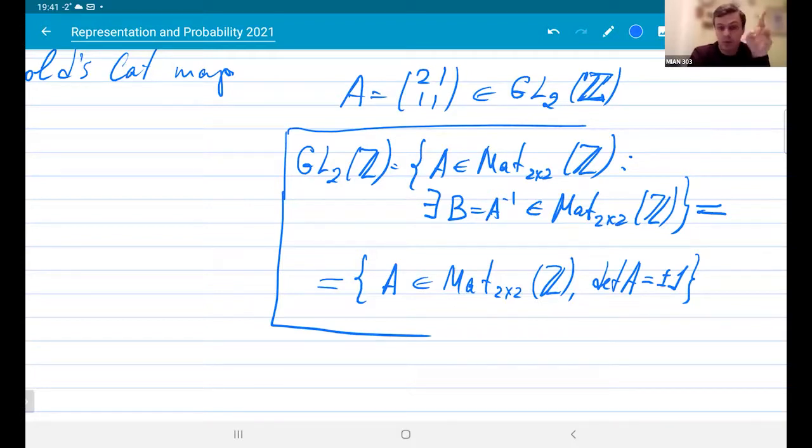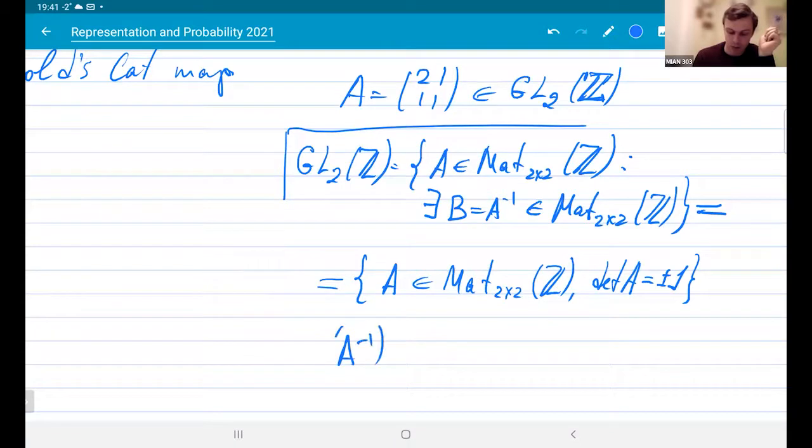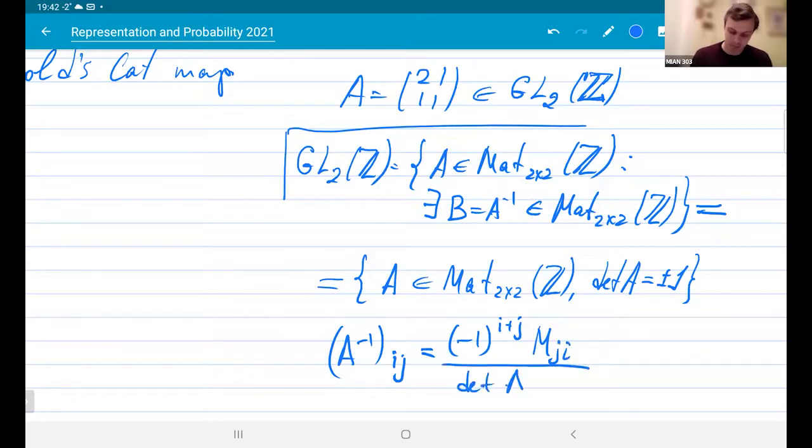So if you want (A^(-1))_ij, you need to consider the minor in our matrix obtained by removing not the ij element but the ji element and its cross, so M_ji, and then you divide it by the determinant of A. This formula proves that if the determinant is plus or minus 1, then A^(-1) is an integer matrix.